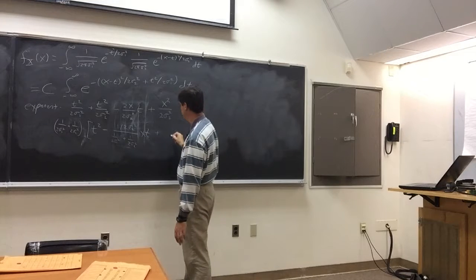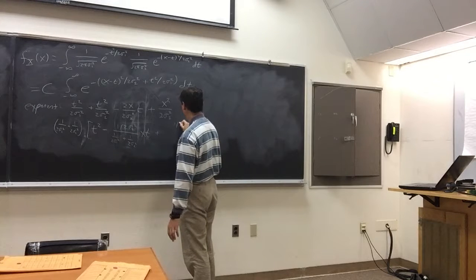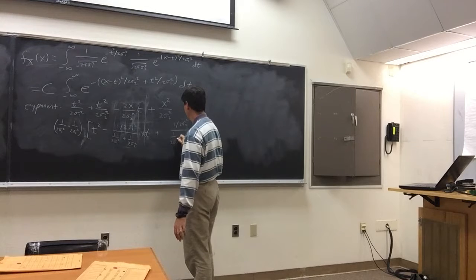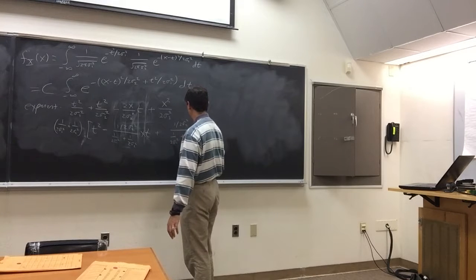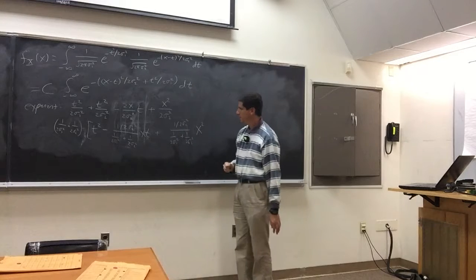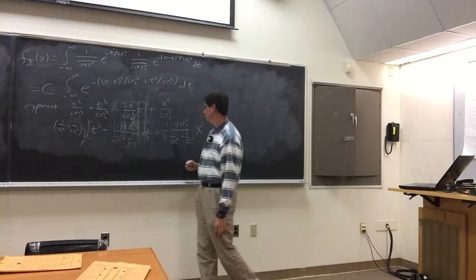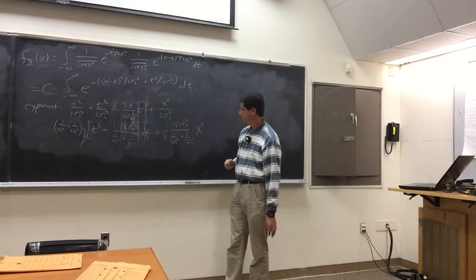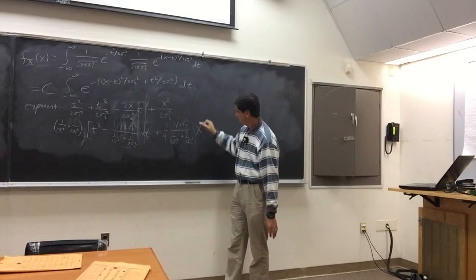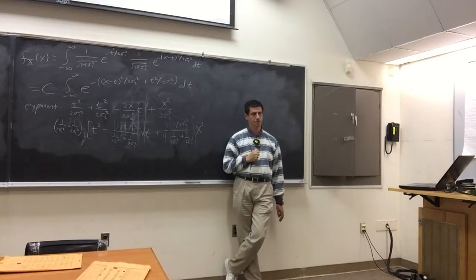And then when I square it, I think it's just 1 over 2 sigma 2 squared, 1 over 2 sigma 1 squared plus 1 over 2 sigma 2 squared x squared. And then I think I want 1/4, and I think I want this squared like this.